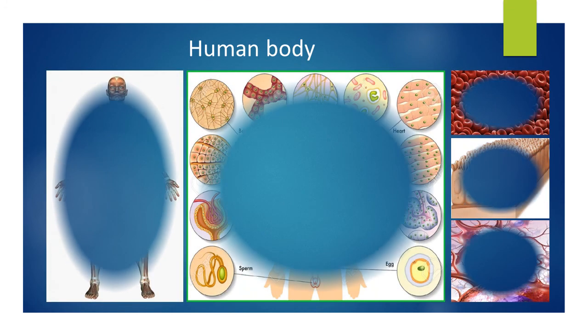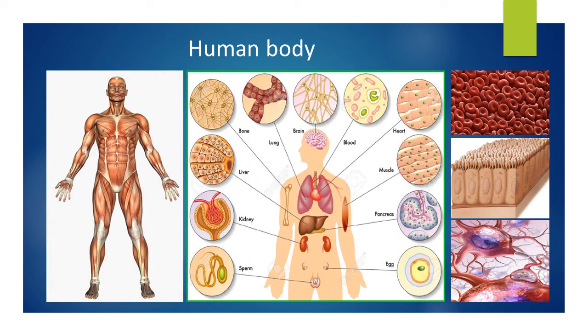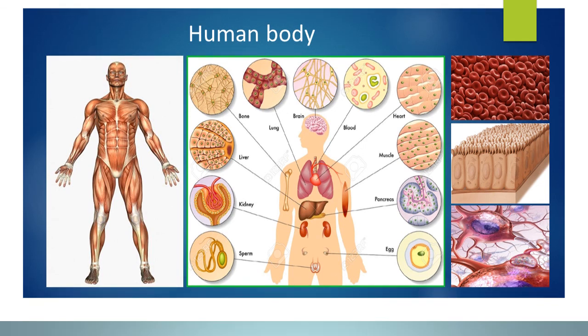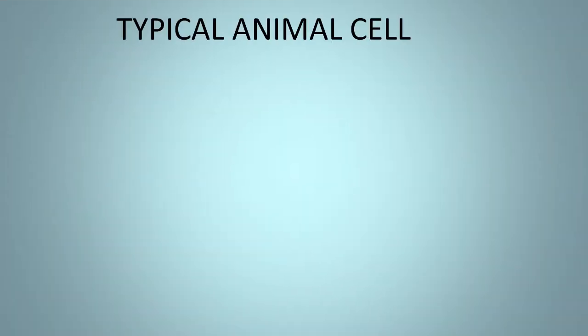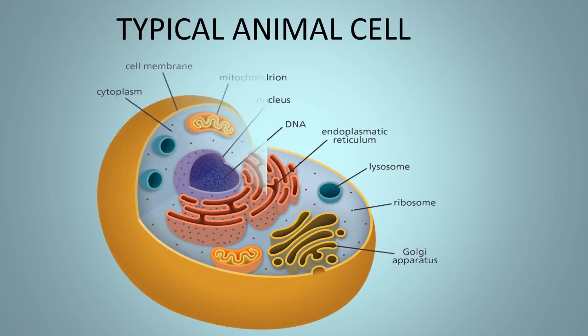When we consider the human body, it is composed of countless millions of cells. There are different types of cells which are specialized to perform various functions, such as nerve cells, muscle cells, blood cells, kidney cells, and so on. You can see a typical animal cell.